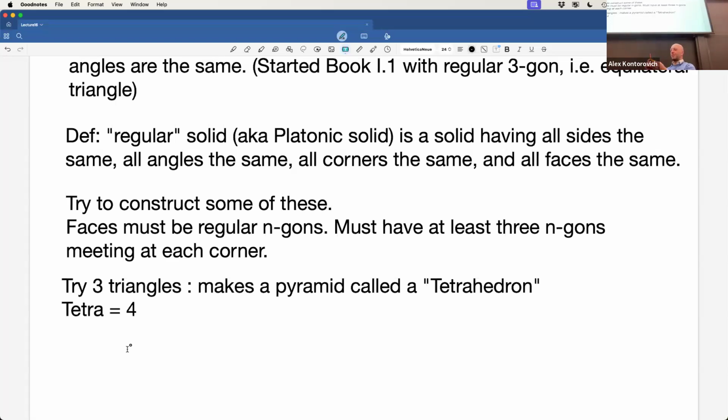Let's see what that will do. Here are 4 triangles meeting at a corner, which makes a little hat. It's still got some wiggle room. So I have to continue this pattern everywhere: if there are 4 triangles meeting at this corner, there have to be 4 meeting at this corner too. I've got 2 so far, so I've got to add 2 more triangles. Everybody see what I'm doing? Let's add 2 more triangles to this corner.